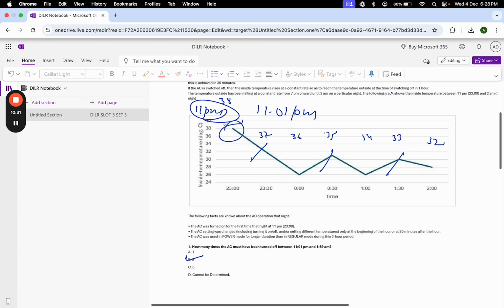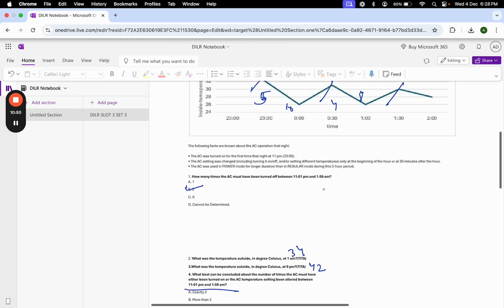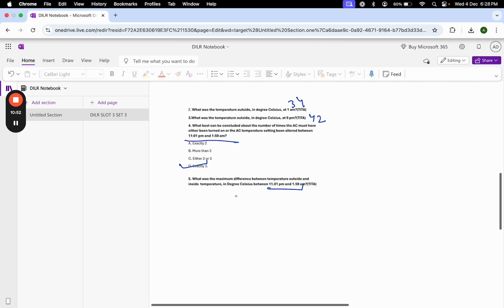So if we see the difference, this would be 3, this would be 10, this would be 5, 10, 35 to 31, 4. I guess the answer would be 10. Yes, the answer looks like 10. This is the answer, 10.